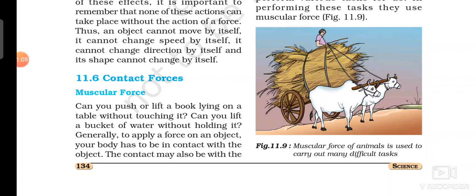Contact force means when any two objects come in contact with each other physically, like it touches one another to apply force, are known as contact forces. And these forces are further divided into two types, that is muscular force and frictional force. So let us continue this topic, that is types of force, in our next part of the video.